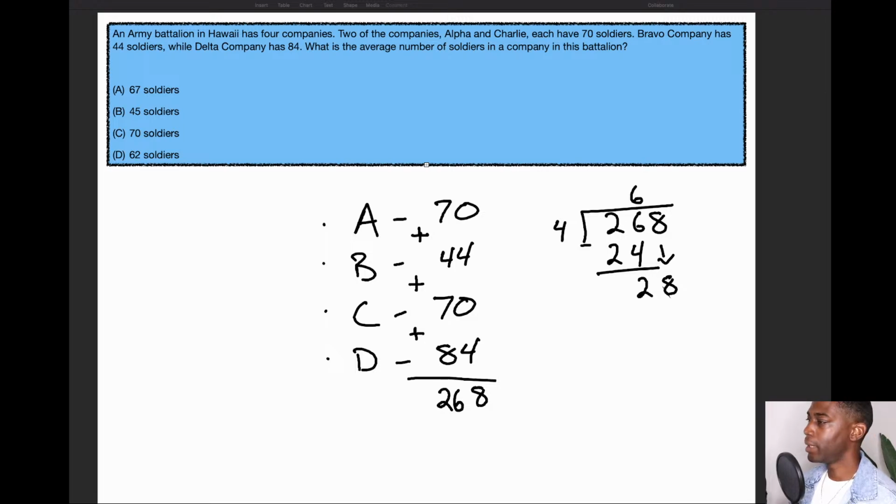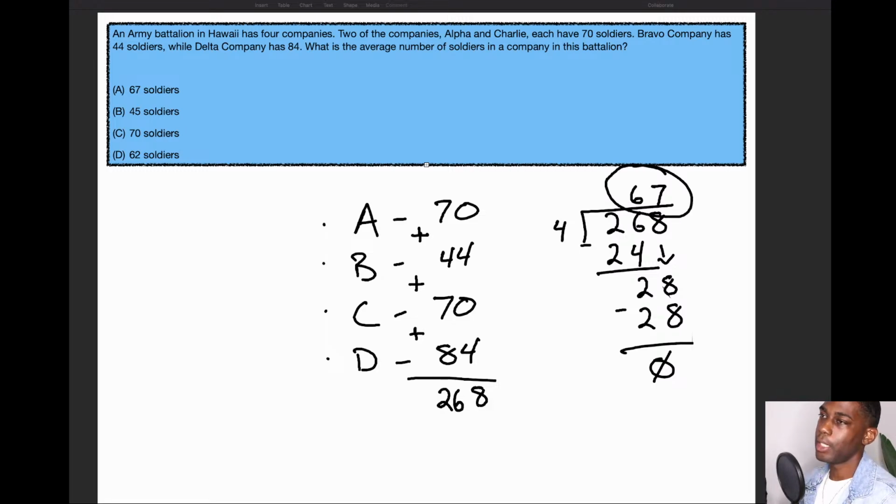How many times? 7 times. 7 times 4 is 28. Subtract these two. We do not have a remainder. I hope y'all can still see me and hear me. All right, we got an answer of 67.